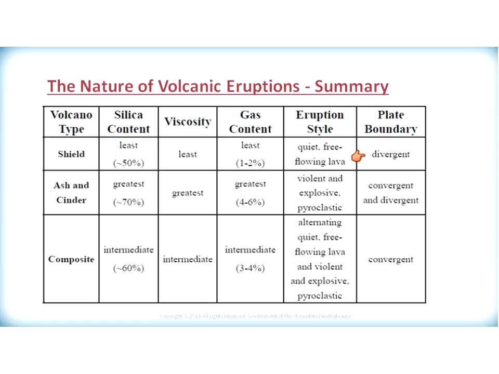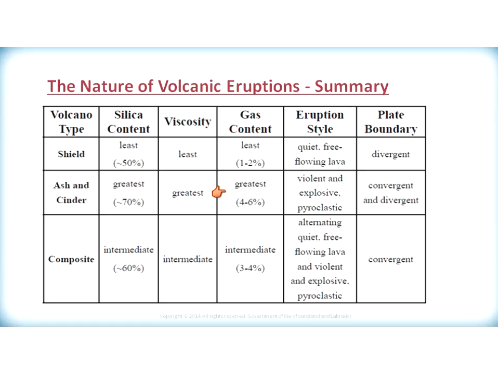The second type of volcano would be an ash and cinder volcano. Ash and cinder volcanoes have the greatest amount of silica content, generally over 70% of the magma by composition. They have the greatest viscosity, and they have the greatest gas content.